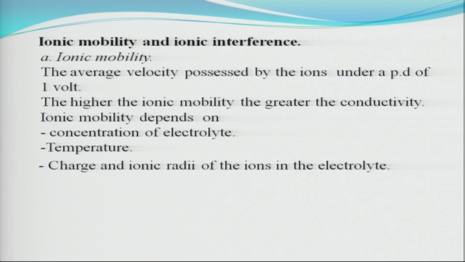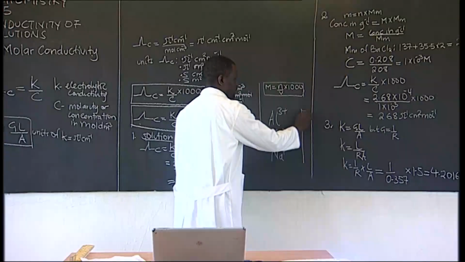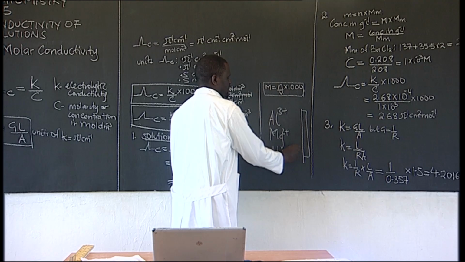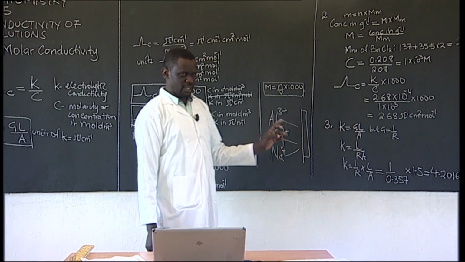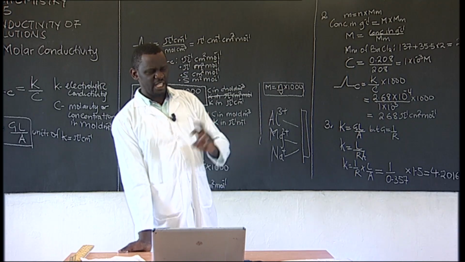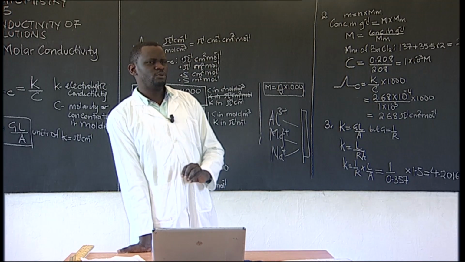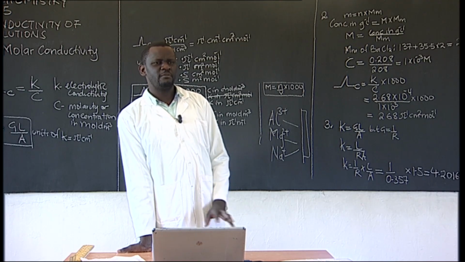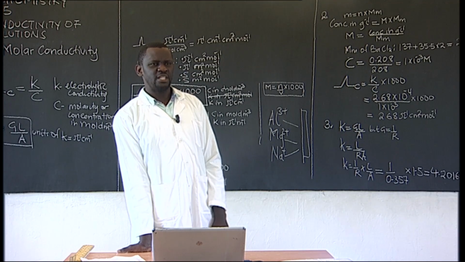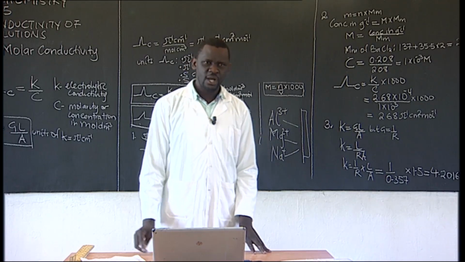And then we have magnesium 2 plus, and then we have sodium 1 plus. So we are saying that if we have an electrode and all these ions are supposed to move towards this electrode, the one which will move faster is the one which has a higher charge. So aluminium will move faster, but keeping other factors constant.